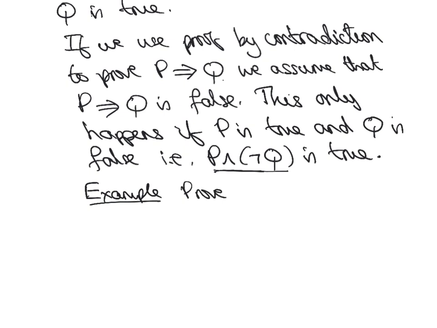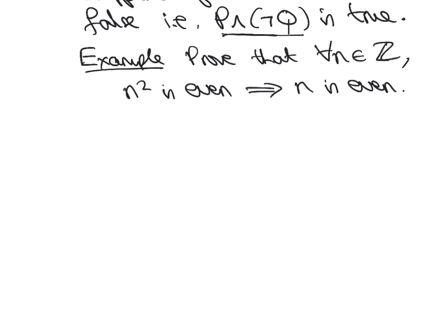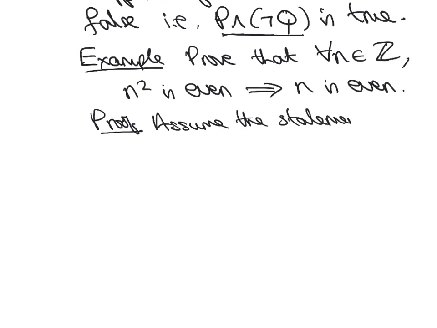So let's try and prove that for all integers n, n squared is even implies n is even. So we're going to use proof by contradiction. So let's assume the statement is false, and argue for contradiction.